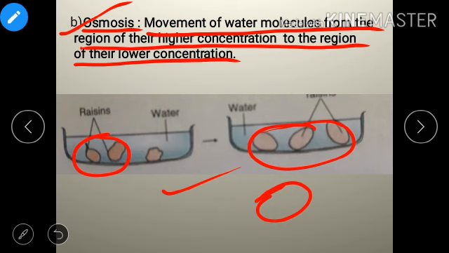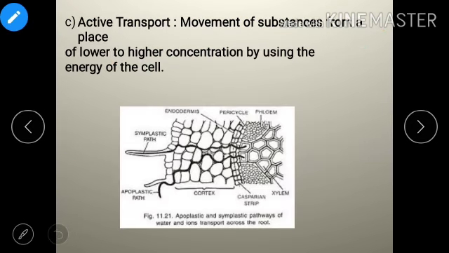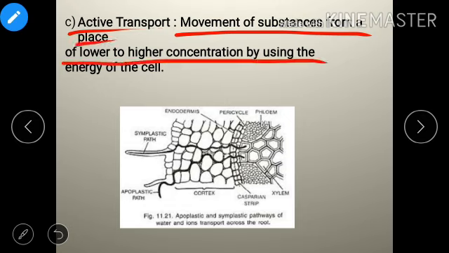Okay. Now we will go to the next movement of molecules, which is active transport. The movement of substances from a place of lower to higher concentration by using the energy of the cell. What is that energy?